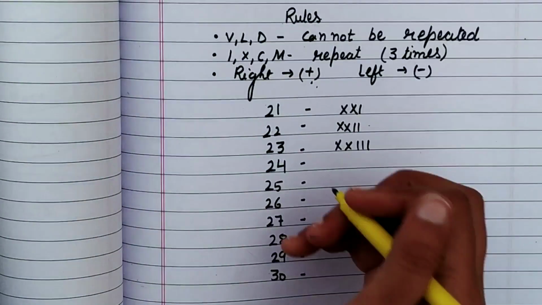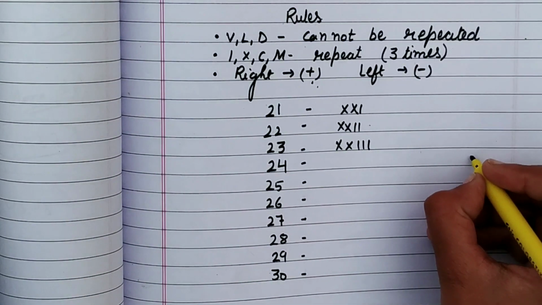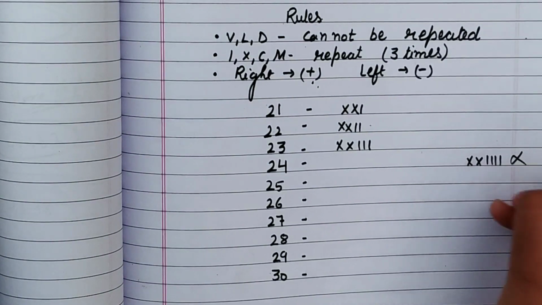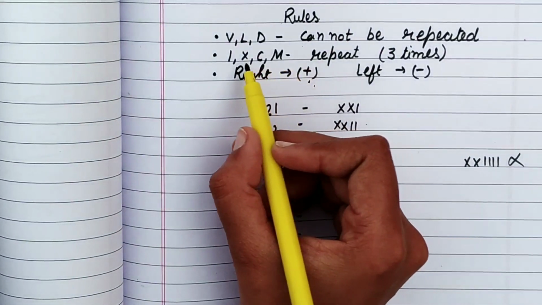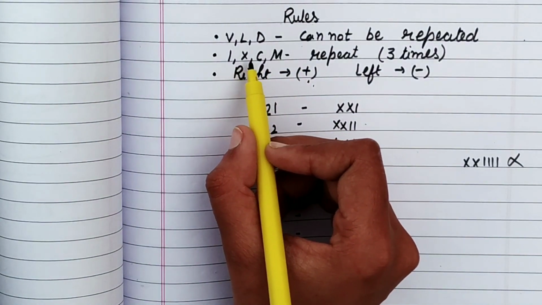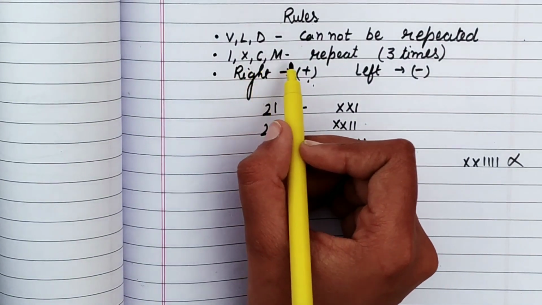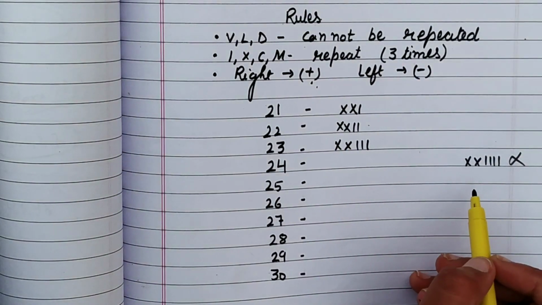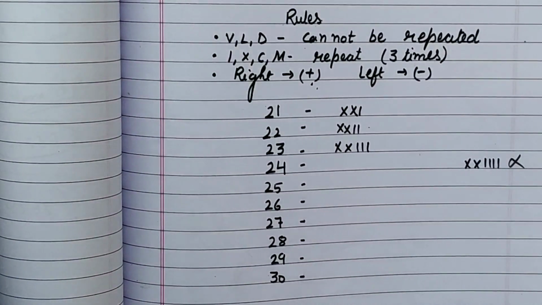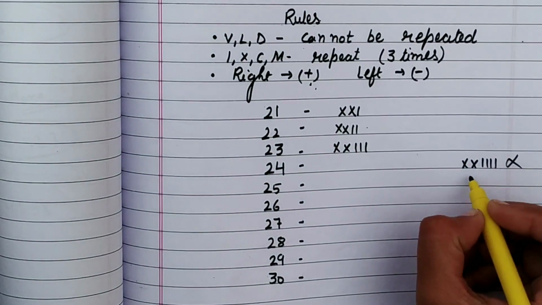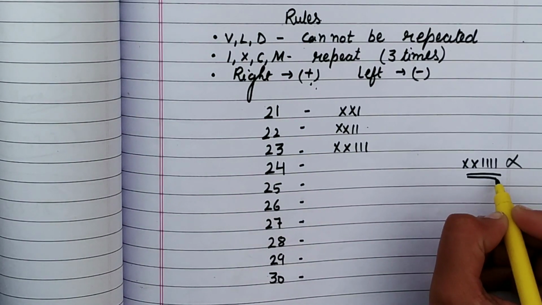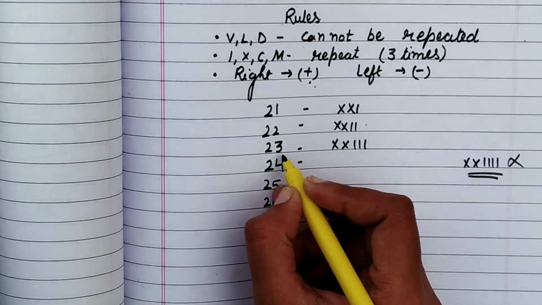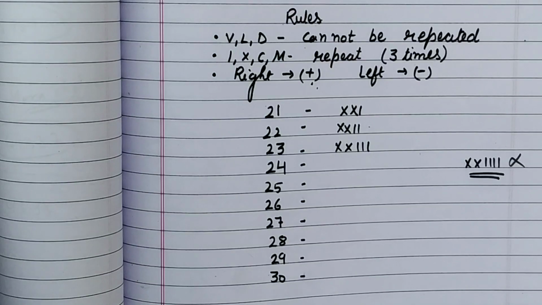Done? So for 24, can I write like this: 20 and then 1, 2, 3, 4? No, because what was the rule? 1, 10, 100, 1000 can be repeated only 3 times, and here I am repeating it 4 times. So what will I do? I told you that whenever this repetition occurs, we have to go for subtraction. So tell me, how can I get 24?